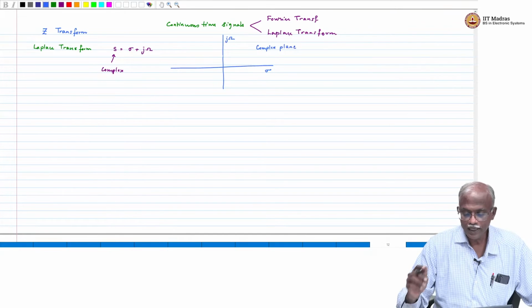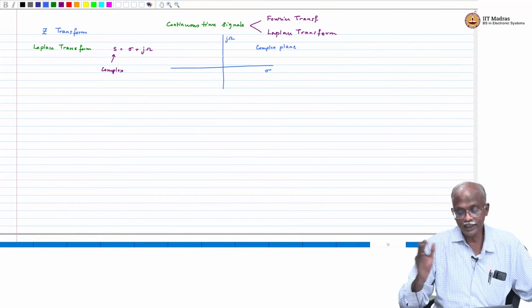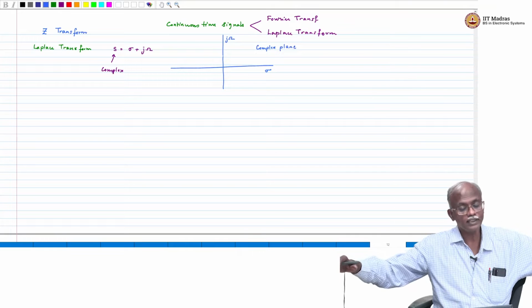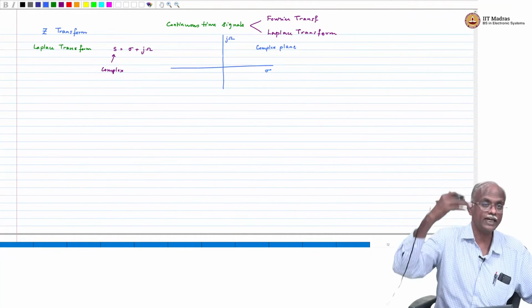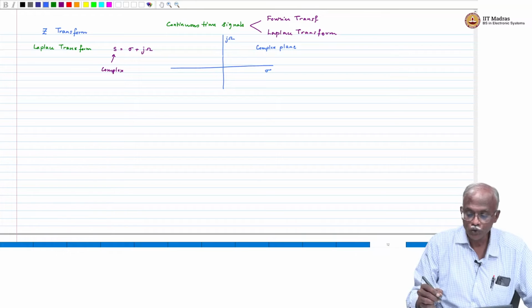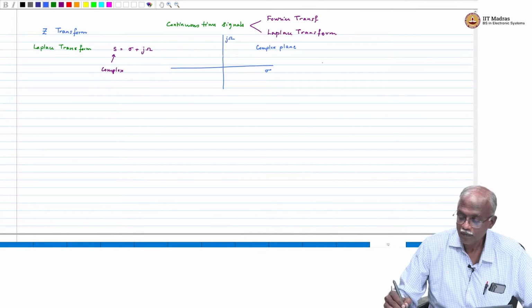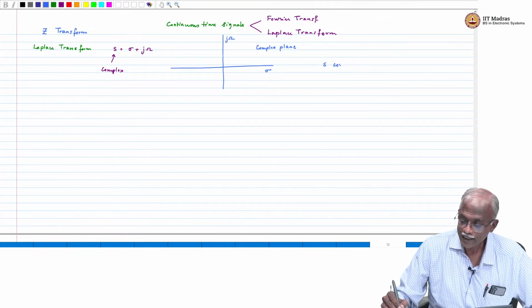As sigma goes from minus infinity to infinity, you cover the entire real axis. As omega goes from minus infinity to infinity, you cover the entire imaginary axis. So, S covers the entire complex plane.